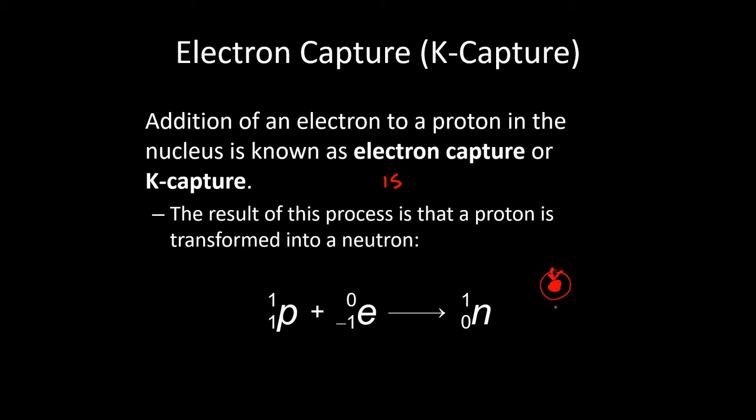Because when you capture that electron and turn that proton into a neutron, the nucleus is almost like an electron configuration, where as soon as you change the number of things, it has to rearrange itself. And so when the nucleus kind of shifts around a little bit, there's enormous energies associated with shifting the particles in the nucleus. And so you could get some gamma rays released from that.